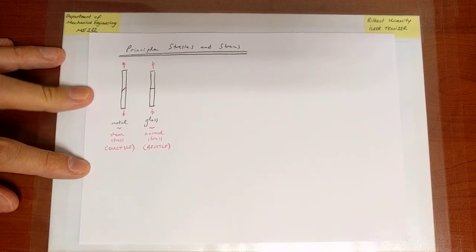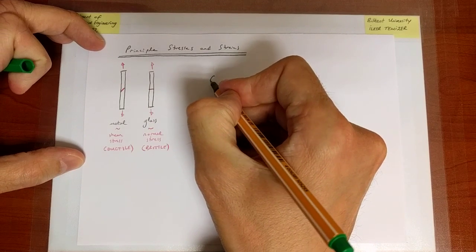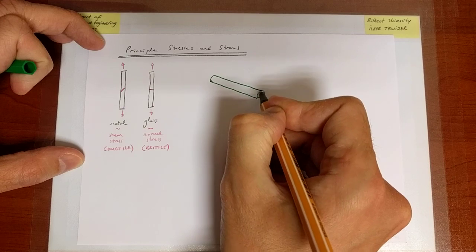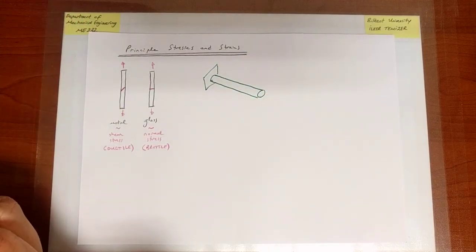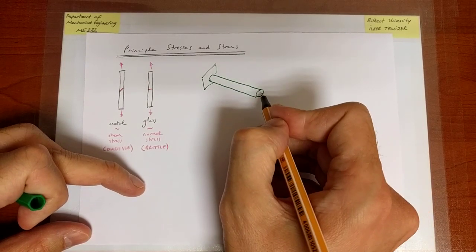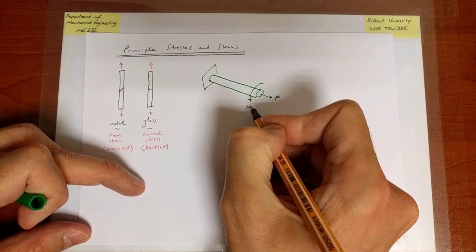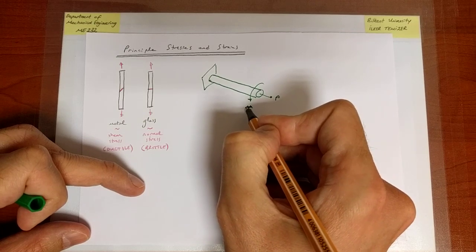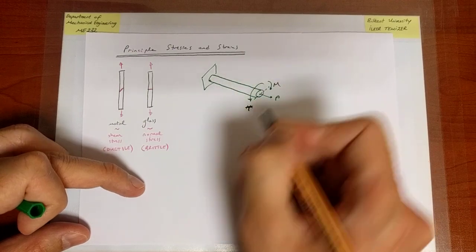Okay, so in general, we will have some structure. Let's say we have a cylindrical rod or a beam with a cylindrical cross section. And we are going to apply a combined loading to it, a complicated state of stress will be induced throughout the structure. So that would be a torque, and we could also apply a bending moment to it.